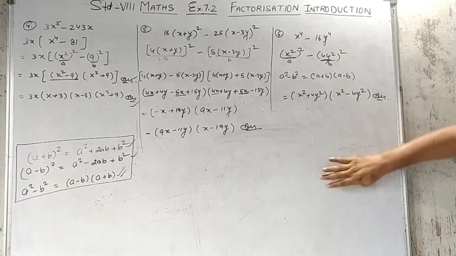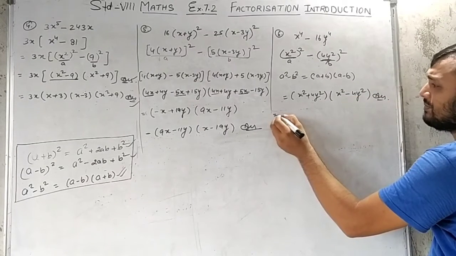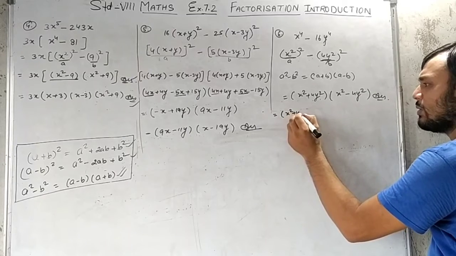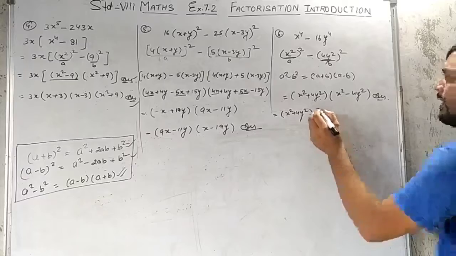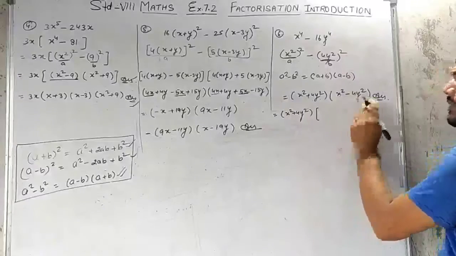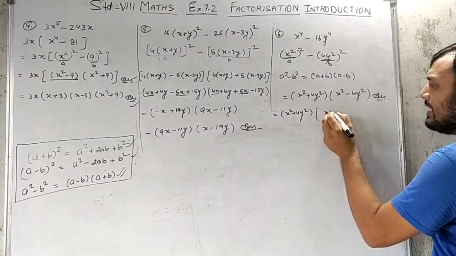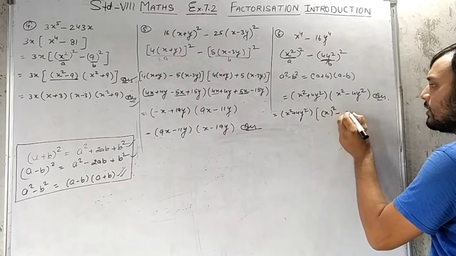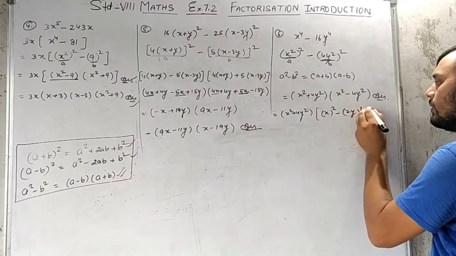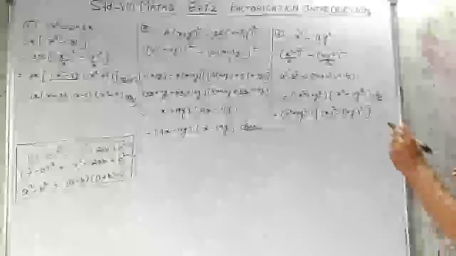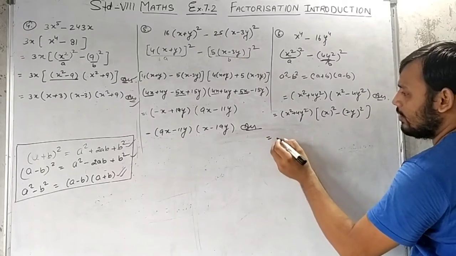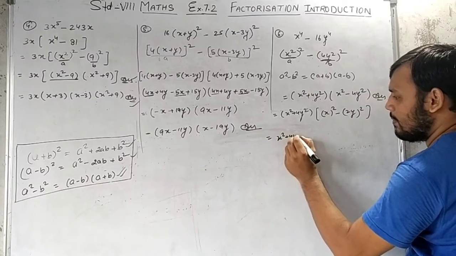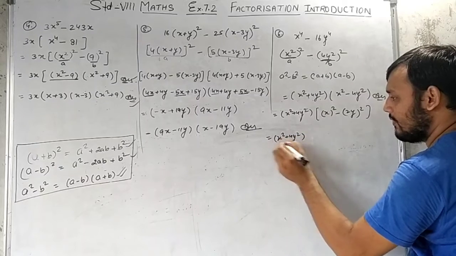And if you want to go for the further operation, you just see here x square plus 4y square, let it be like this only, and this x square minus 4y square, again you can write it as x square minus 2y whole square. You can write this 4y square as 2y whole square. So you can write it as x square plus 4y square in the first bracket.